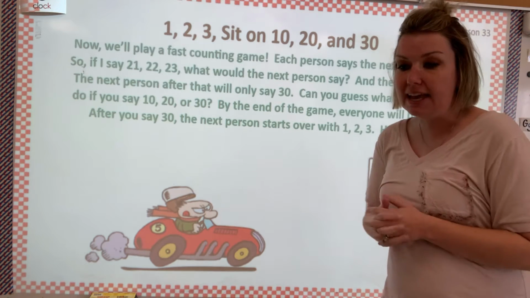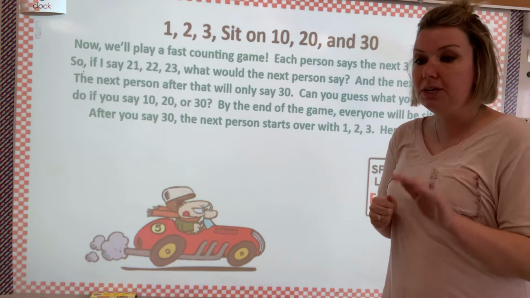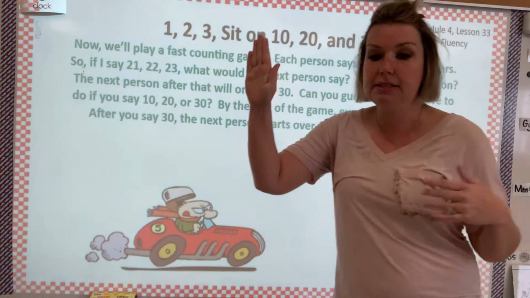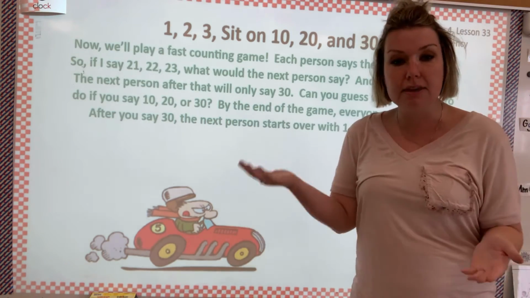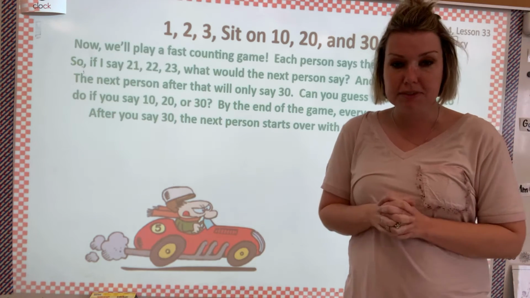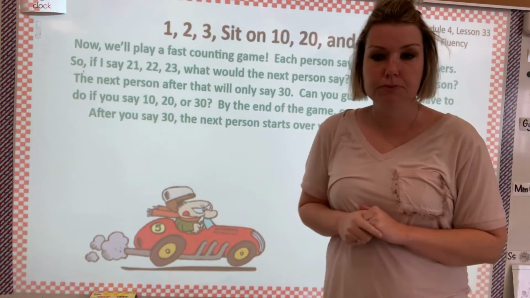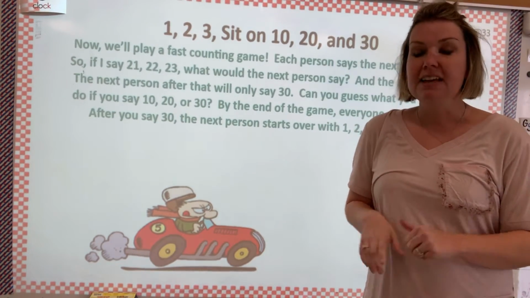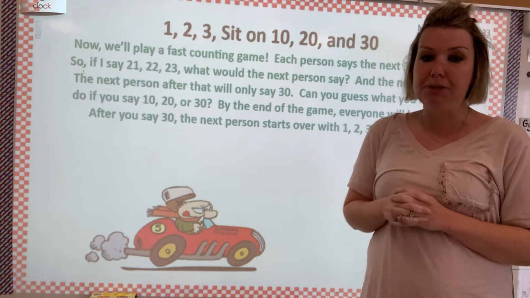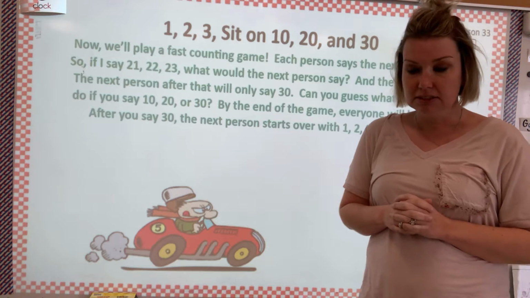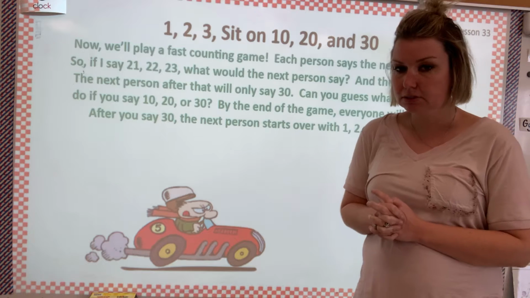So if I say 21, 22, 23... who can raise their hand and tell me what the next person will say? The next person will say what, Ryan? 24, 25, 26. Perfect. Then what'll the next person say, Anya? 27, 28, 29.